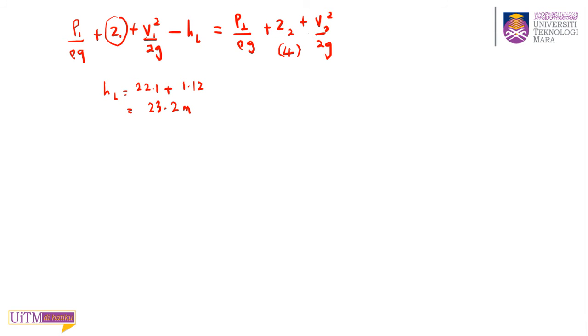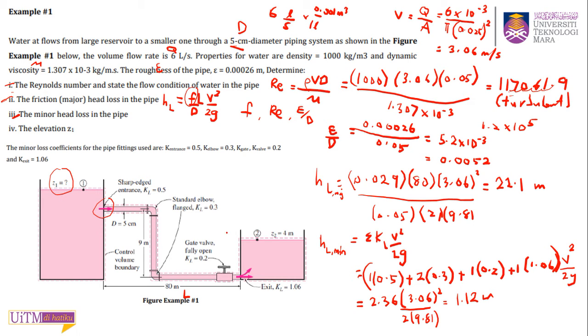P1 and P2. What's the value for P1 and P2? Anyone?